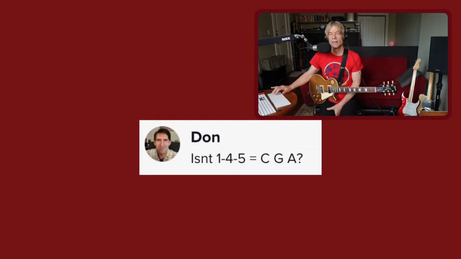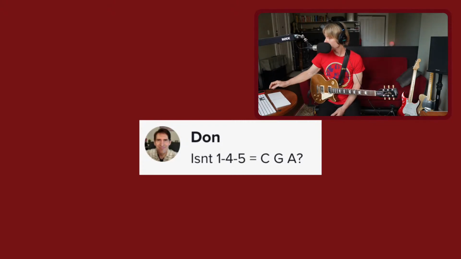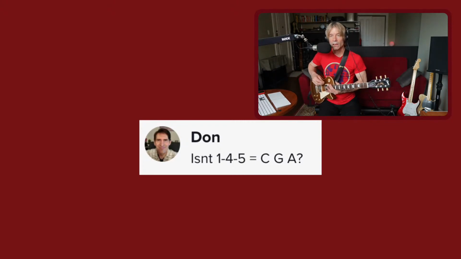And here's a great question. Isn't 145 C, G, A? Actually, D, E, F, G. No, it's not. You may think it is because you're not counting 1 as the 1.